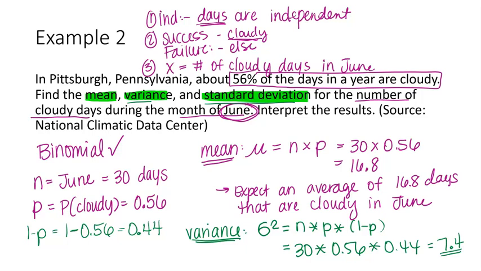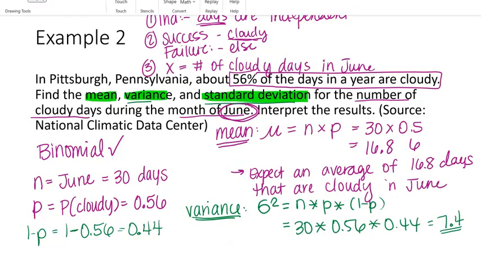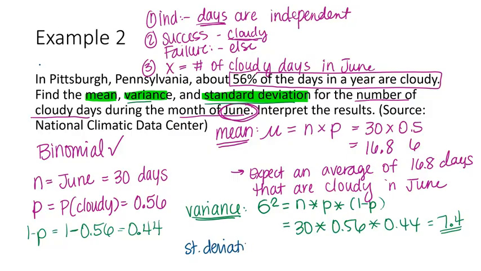Let me pause for just a minute. I need to make us a little bit more room to come back for our standard deviation. All right, y'all, so all I did was move our stuff up a little bit. If I want my standard deviation, that's just sigma. So I need to take the square root of my variance. Just make sure that you include multiple decimals.